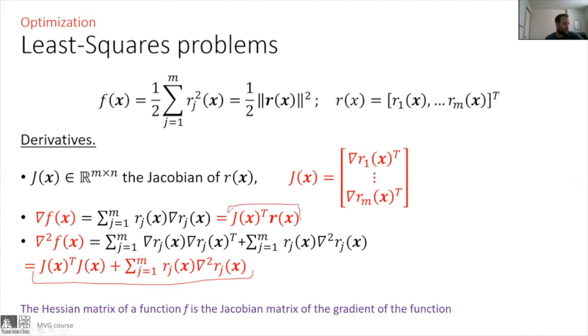It's a multiplication of two functions, so taking a derivative with respect to the residual R, we get that the first term is the Jacobian transpose times the Jacobian, and the second term is more complex and depends on the second derivative of each residual. All right.